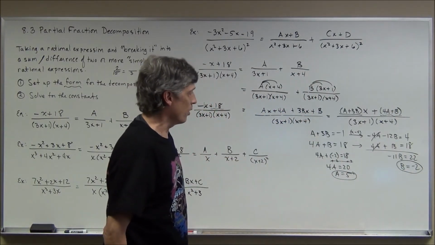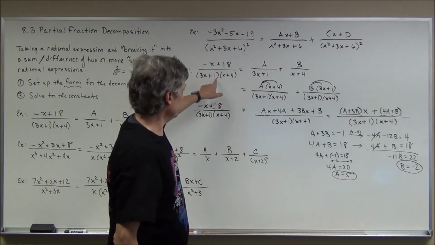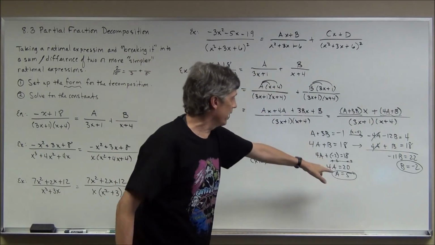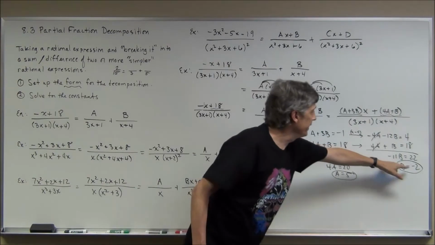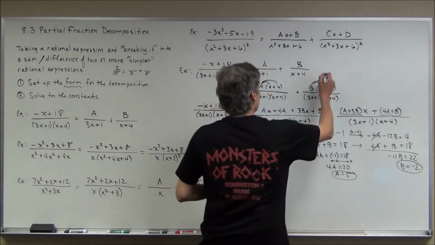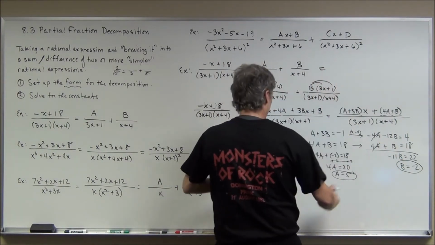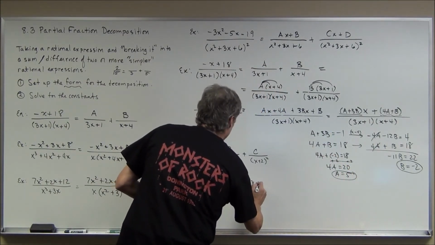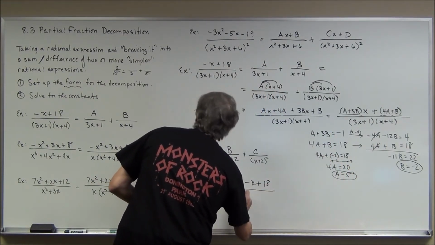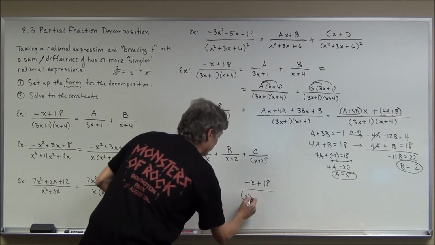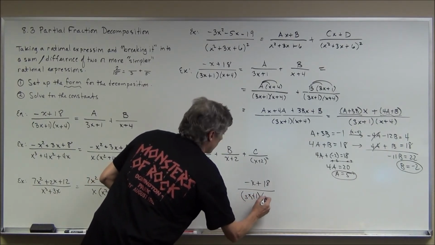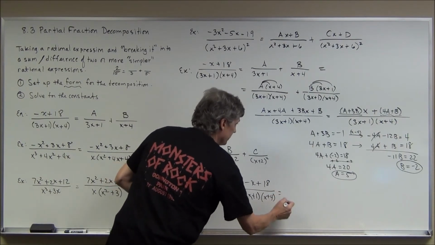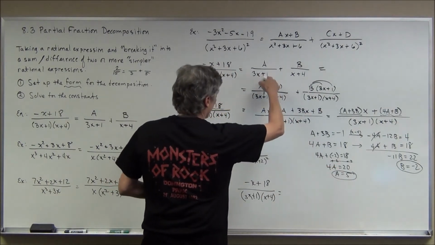I want you to write out what it's equal to. So this guy, remember, is equal to here. Well, what's a? Positive 5. b is -2. So this thing is equal to, and I guess I should restate it down here. So negative x, or the opposite of x, plus 18, all over the quantity 3x plus 1 times the quantity x plus 4 is equal to a over 3x plus 1.